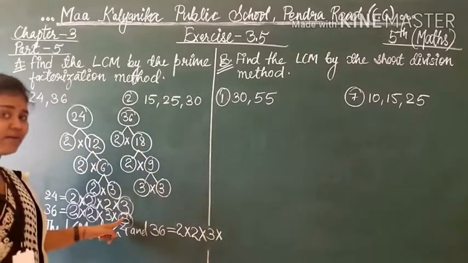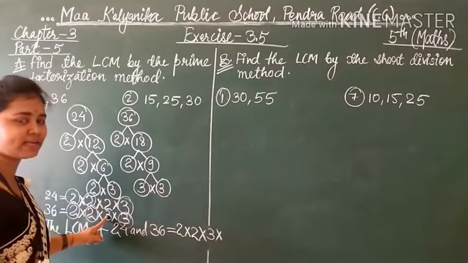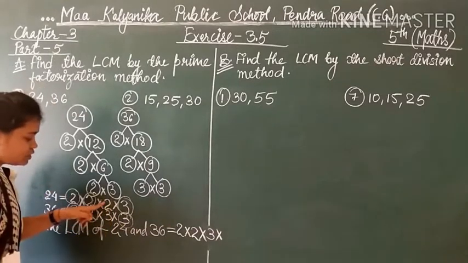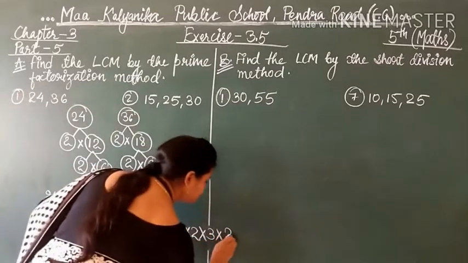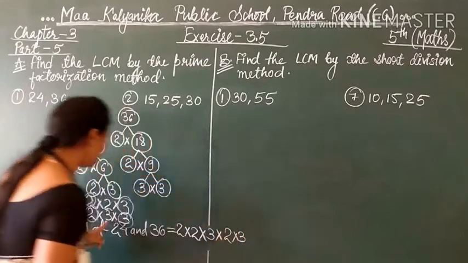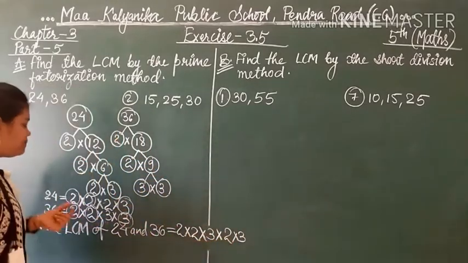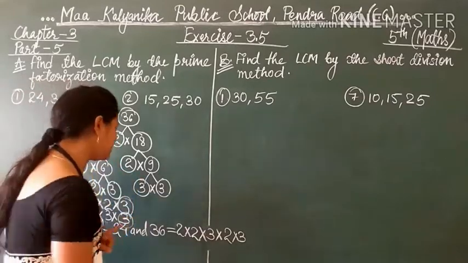Now students, after writing this, we have to see what the other factors present are. After watching this, we are able to see 2 and 3 are the rest of the factors. So we have to write 2 and 3. Only one time it is given, so we will write one time. But remember, the common factors we have to write a single time.